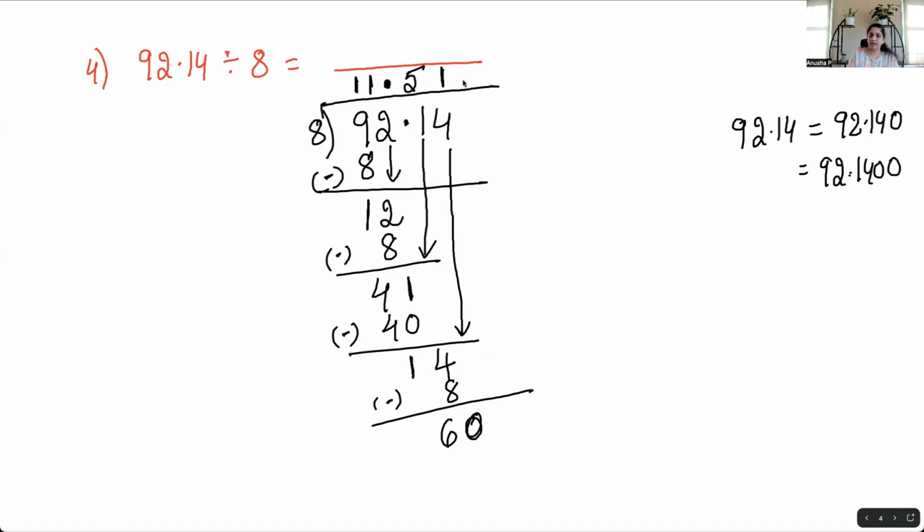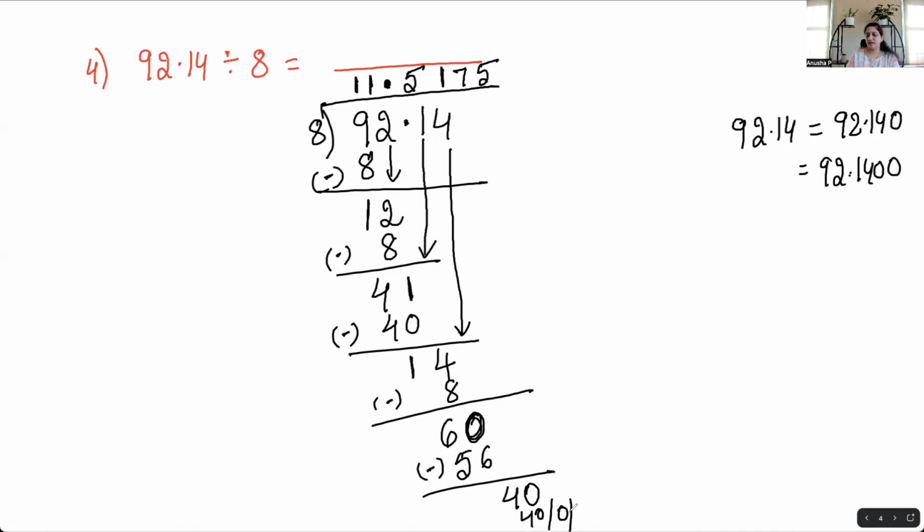So we are keeping a 0 here. Now 8 times 7 is 56. Again, 60 minus 56 is 4. We got a remainder again. Again, because of the decimal point, we can bring one more 0 down. So 8 times 5 is 40 and the remainder is 0.